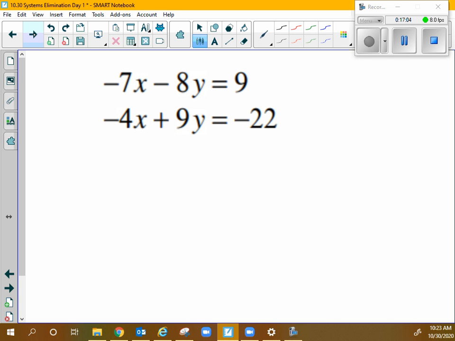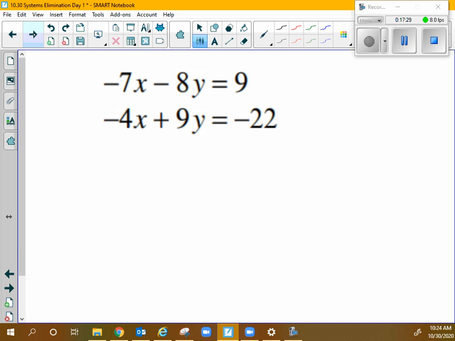The only thing going for us here is that they're lined up. But there is nothing that I can do easily to get 4 to 7 or to get 8 to 9. Right? Let's find, well, not a common denominator, but a common factor. Okay? So what's common? This one is -8 and 9, 72.